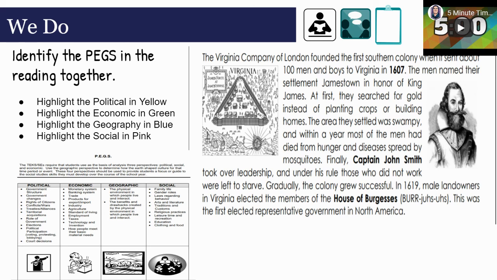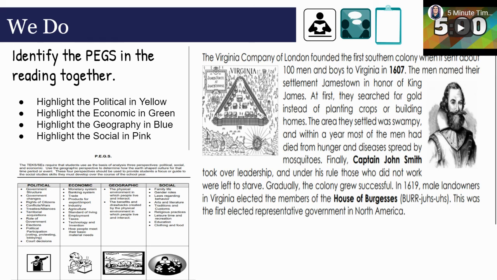Finally, Captain John Smith took over leadership, and under his rule, those who did not work were left to starve. Gradually, the colony grew successful. In 1619, male landowners in Virginia elected the members of the House of Burgesses. This was the first elected representative government in North America.